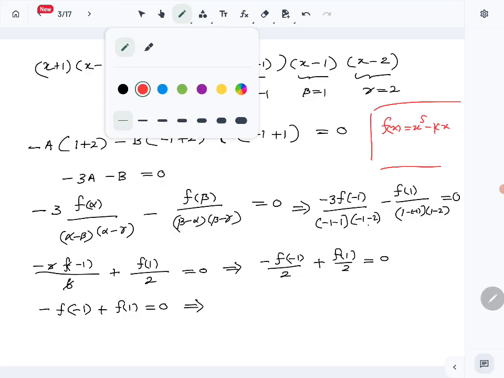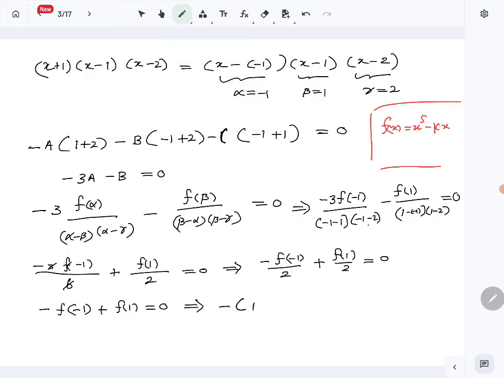So now we want to find the k value. So f of minus 1 is what? Minus 1 plus k, and f of 1 is what? 1 minus k, equal to 0.